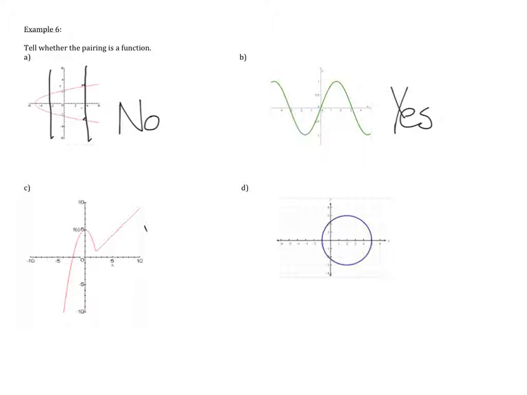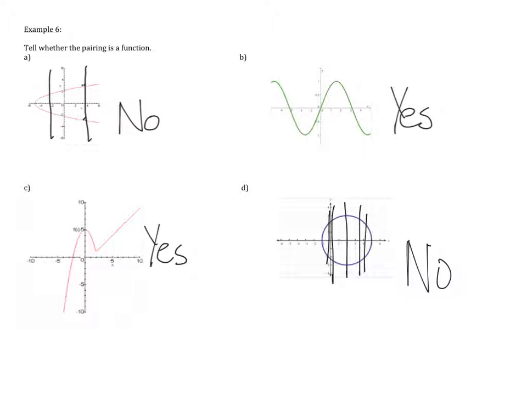So part C would also represent a function. And finally, if I pass vertical lines through the circle, which is part D, you can see we have a bunch of different vertical lines that if I drew in here, they would pass through the graph in more than one spot. So therefore, a circle is not a function.